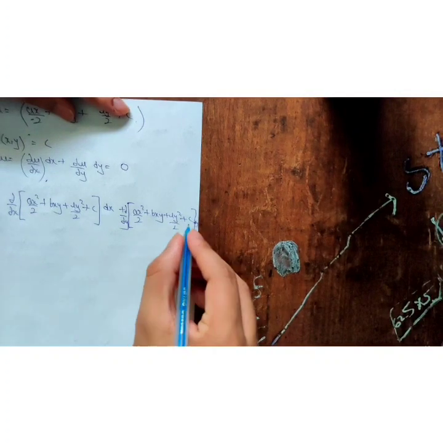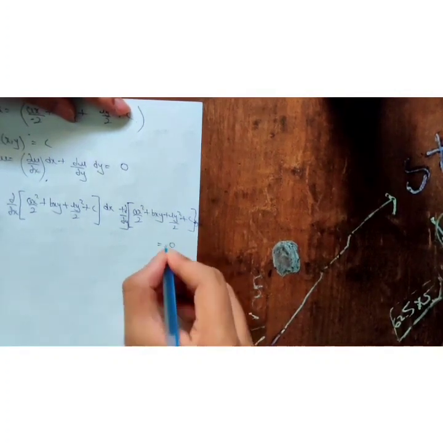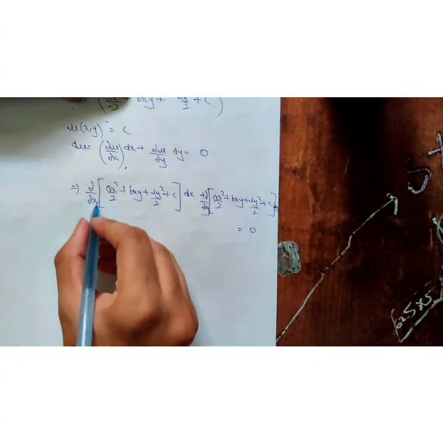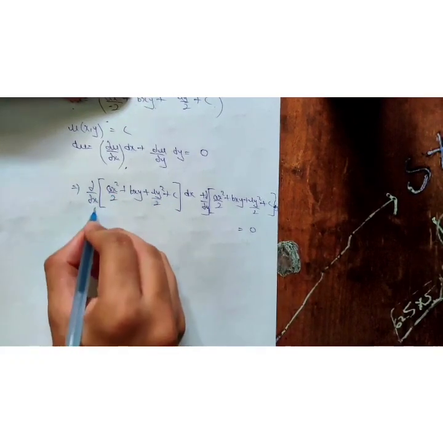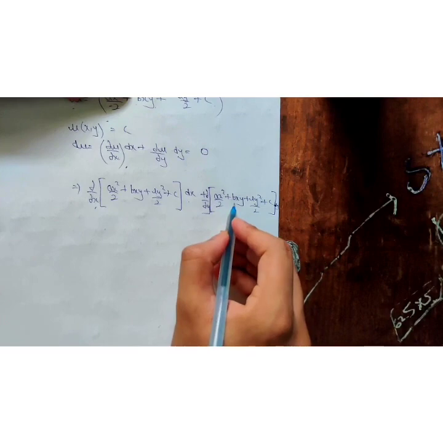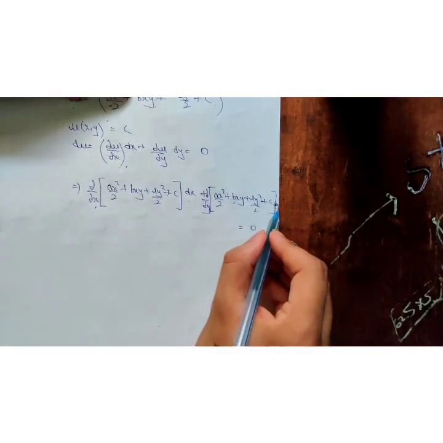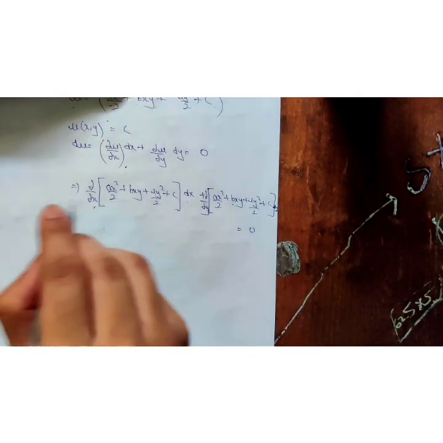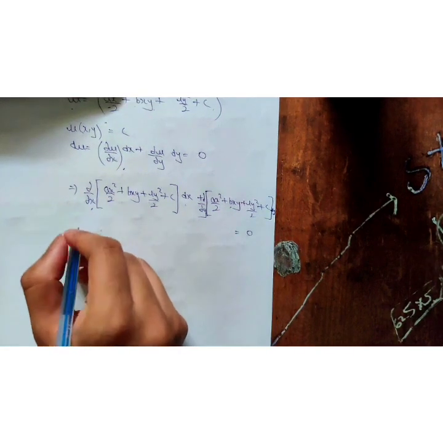Oh, the place is less. I hope it is visible. That is the partial derivative of the entire u with respect to x into dx plus the partial derivative of the entire u function with respect to y into dy is equal to 0. Important condition. We have already shown it before.